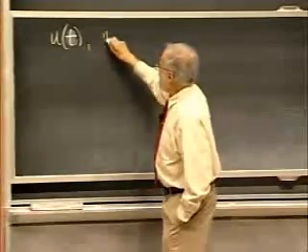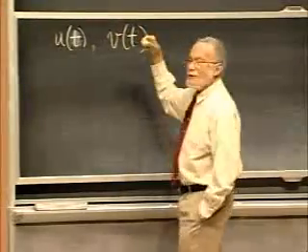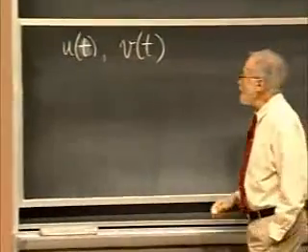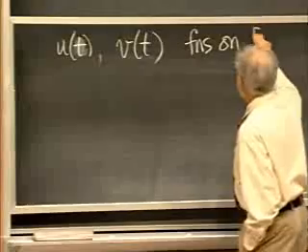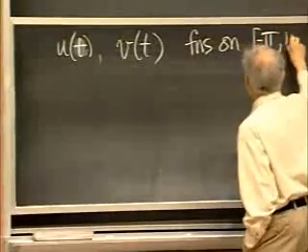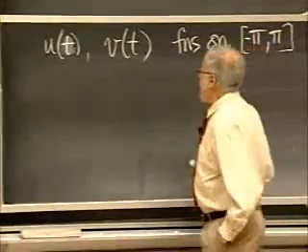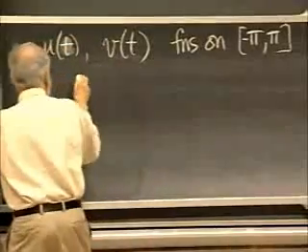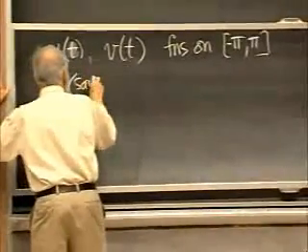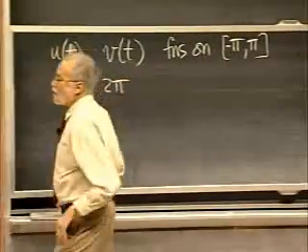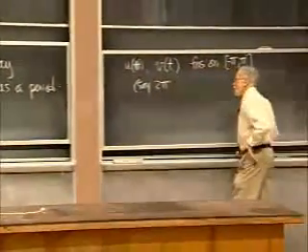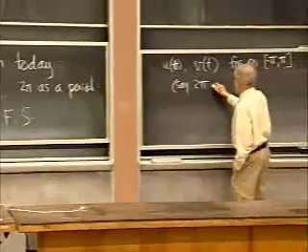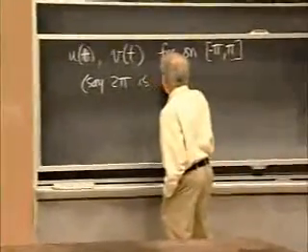So these are two continuous or not very discontinuous functions on minus pi to pi. Let's make them periodic. Let's say 2 pi is a period. So functions, for example, like those guys: sine t, sine nt, sine 22t, and so on. Say 2 pi is a period.